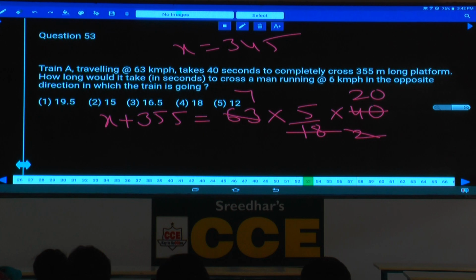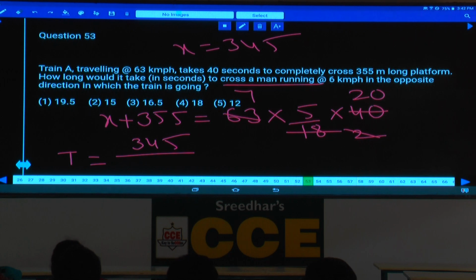Now in the case of a train crossing a man, distance travelled will be only the train length. You are asked to calculate time, that is distance travelled, the train length, by speed. Both the person and train are moving in opposite directions, so S1 plus S2: 63 plus 6 kilometer per hour converted to meter per second, 5 by 18.